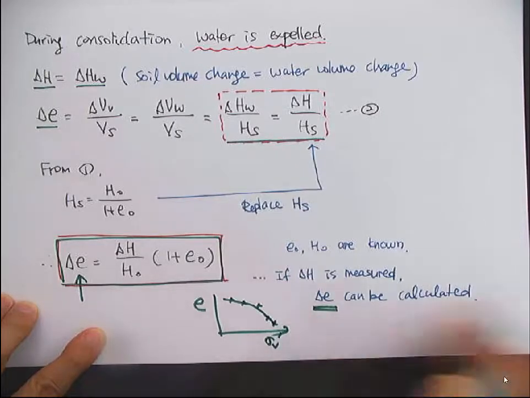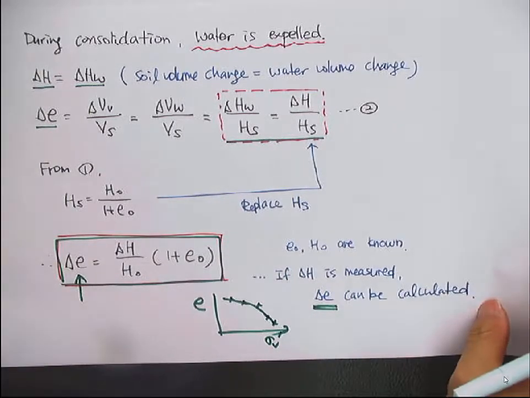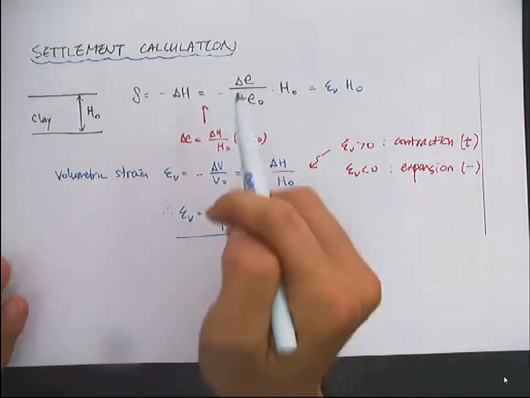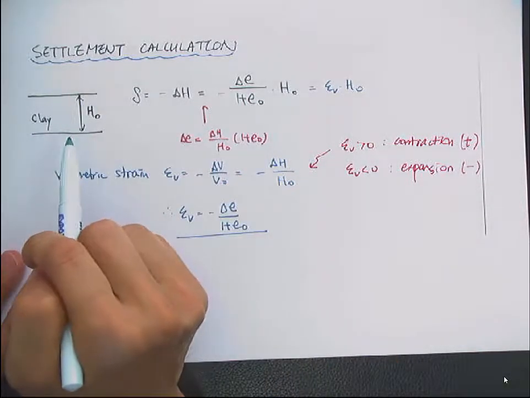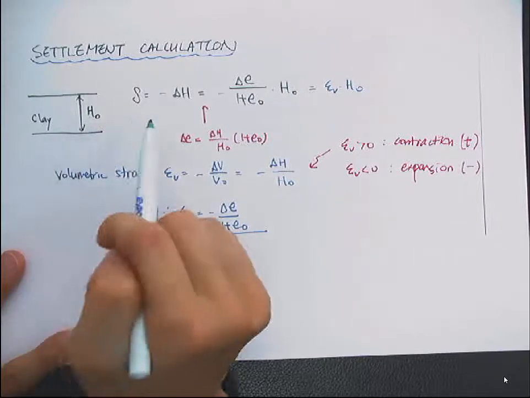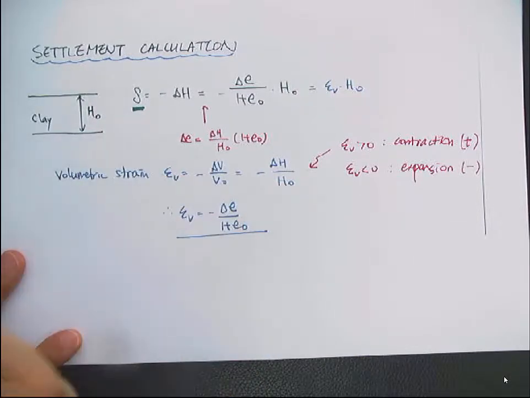Right? And backwardly, if you know the void ratio change of the clay layer, and if you know the total thickness of the clay layer, then you can convert it to the settlement calculation.